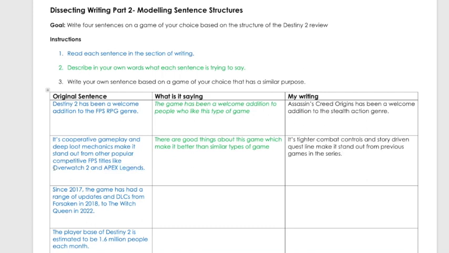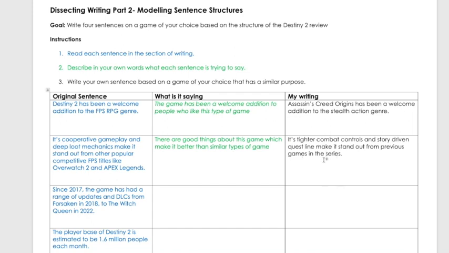In the Destiny article, it listed 2 specific games that Destiny 2 is better than. In this case, I haven't listed the specific games. I could have said that stand out from games like Assassin's Creed 4 and Assassin's Creed 3. But to me, that felt like I'd be saying Assassin's Creed a lot, so I made this decision to be a bit more concise and say previous games in the series.